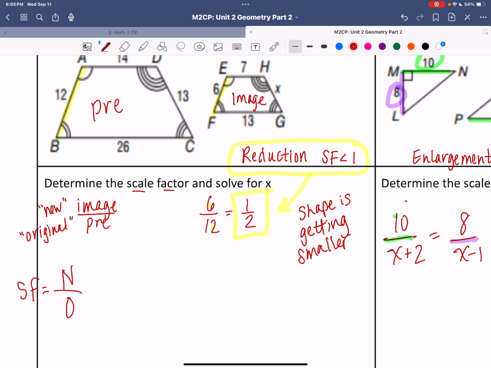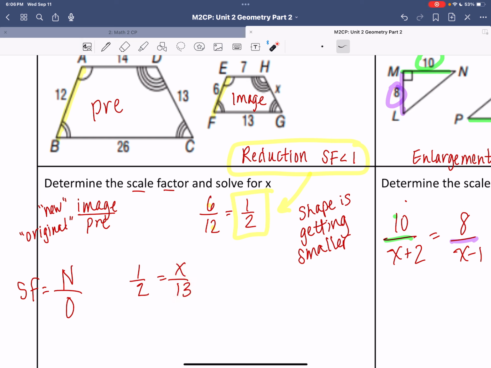So again, you're going to take your corresponding sides and you're going to have 1/2, which is your scale factor, and we're going to solve for x. So again, 1/2, which was your scale factor, and then you're going to go x over 13, to figure out x and 13.